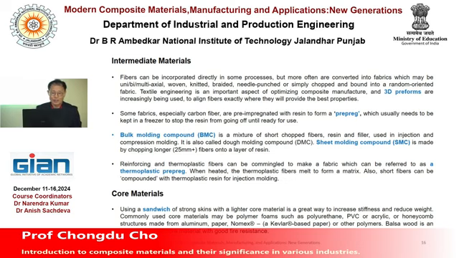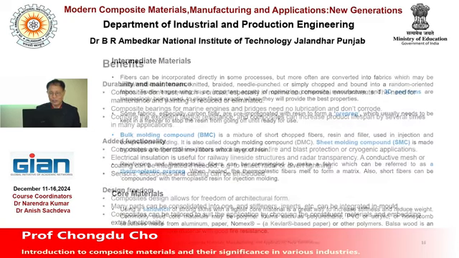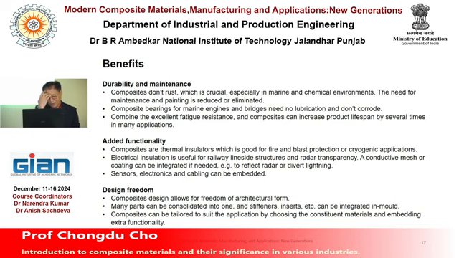And the benefit of using those kinds of intermediate or original fiber and matrix materials, various kinds of material shapes can be used for composite material processing. The benefits, durability, maintenance, and added functionality can be adopted as you wish. Okay? And the design freedom is guaranteed.